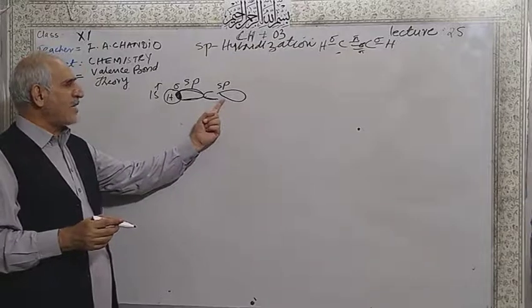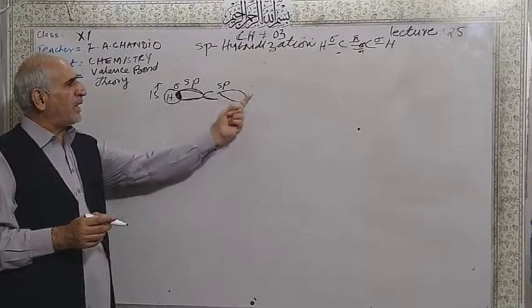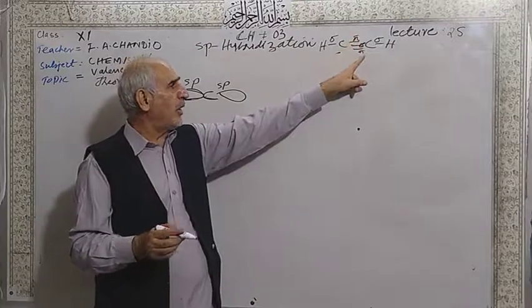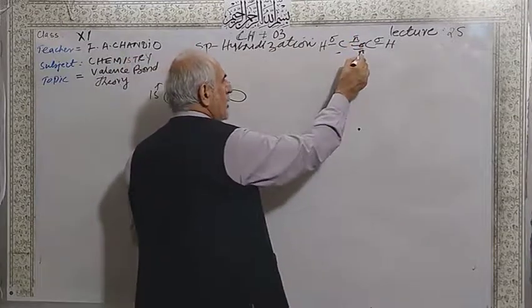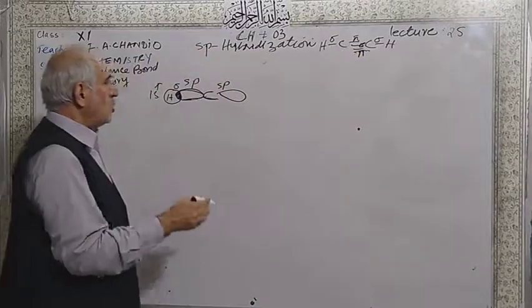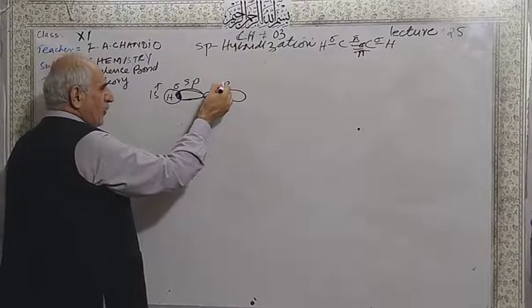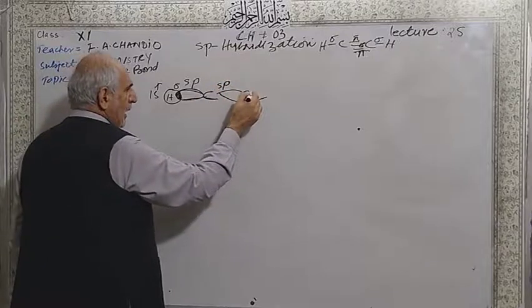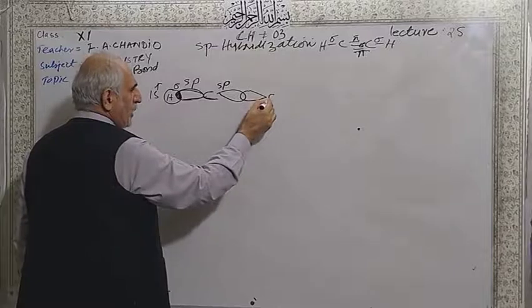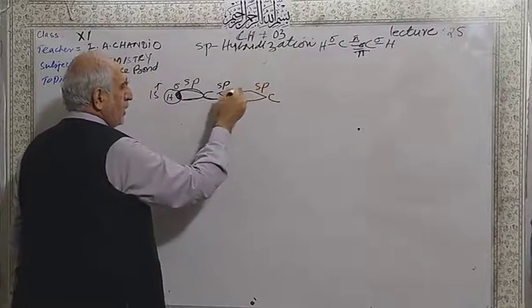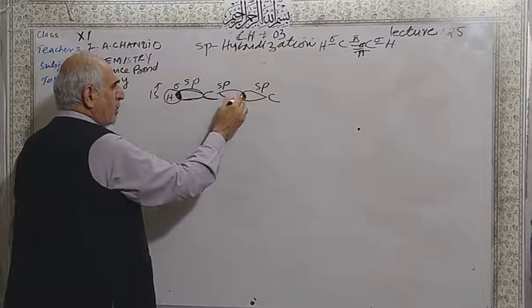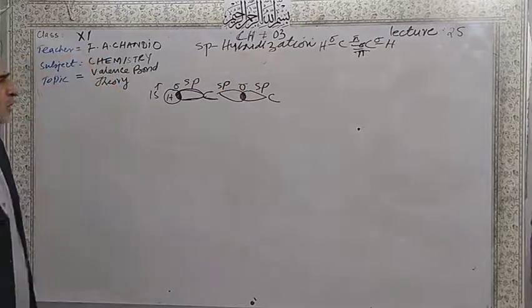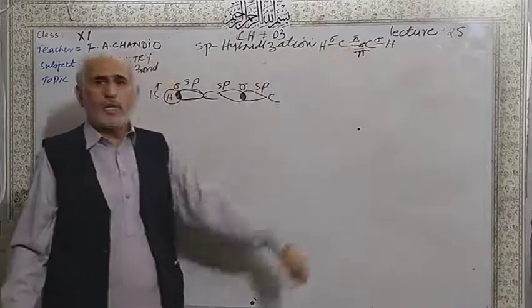Now you are seeing the sp hybridized orbital of this carbon, and there is another carbon. You are seeing the sigma bond in the middle. Here is a pi bond, and here is also a pi bond. For the formation of the sigma bond, the sp hybridized orbital of this carbon and the sp hybridized orbital of the other carbon straight overlap to form a sigma bond. So this middle sigma bond is formed here.